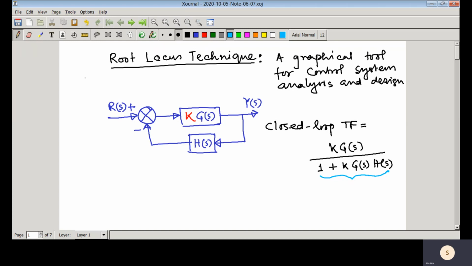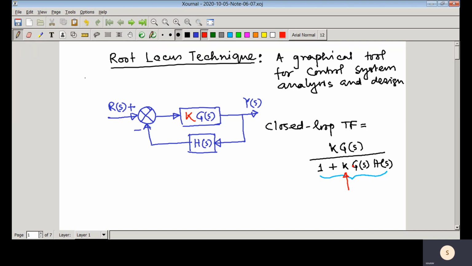So in root locus, whenever this K is varied, what would be the closed loop poles, that means the roots of this characteristic equation, those are presented graphically, and that is called the root locus.